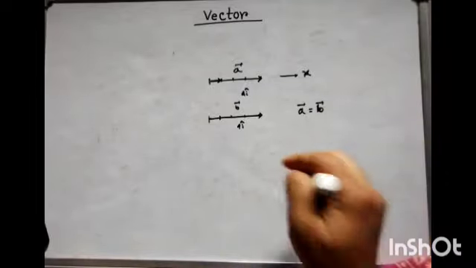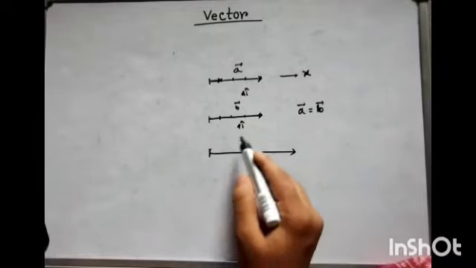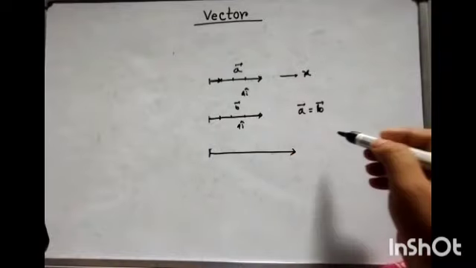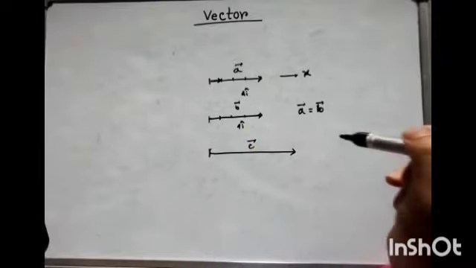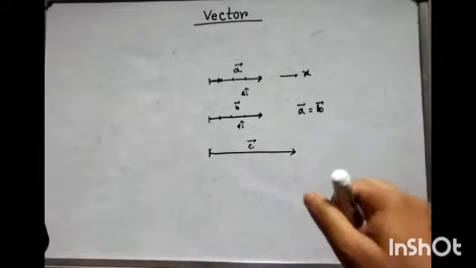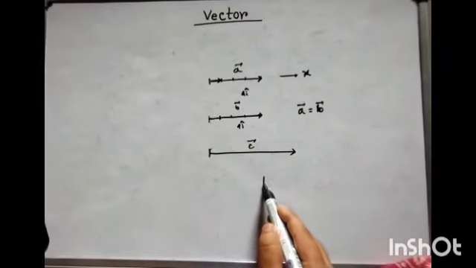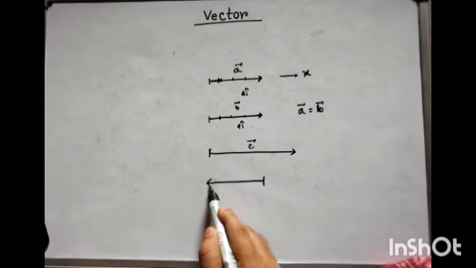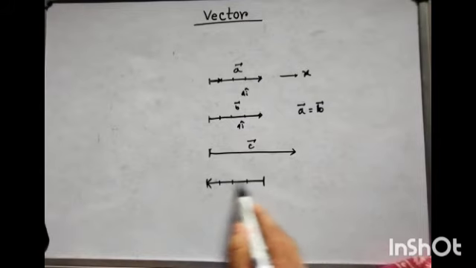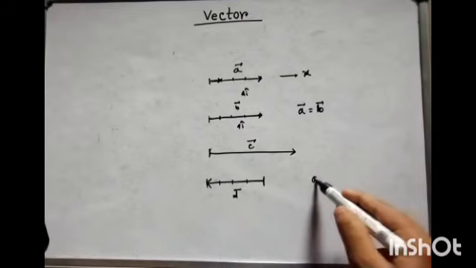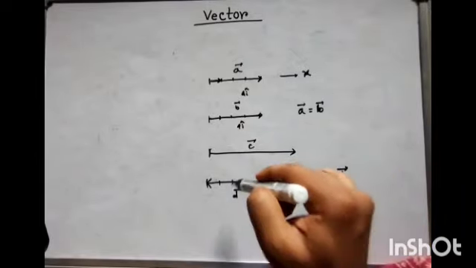If there is another vector, also along the x-axis but with a length not the same as a, then I can say that c vector is parallel to a vector and b vector but not equal. And suppose there is another vector d, along the negative x-axis, also 4 centimeter. Then a vector is equal to minus d vector. So this is the opposite vector of a.